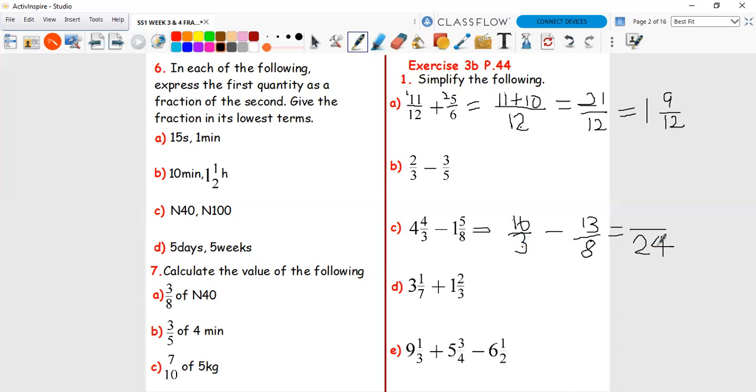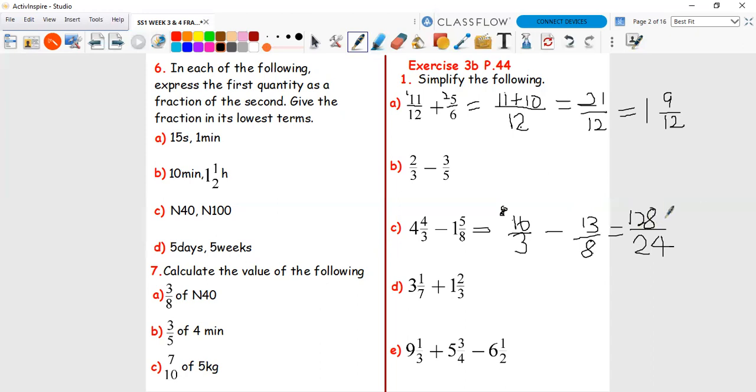How many 3 can we get in 24? It's 8. So 8 times 16. 8 times 16 will give you, that's 48 plus 80. That's 128.